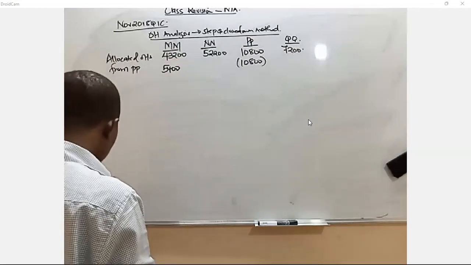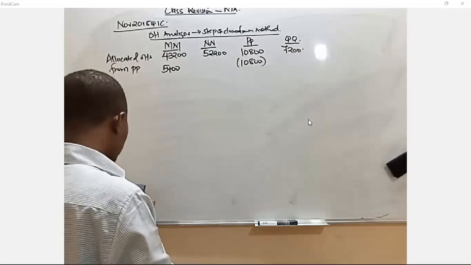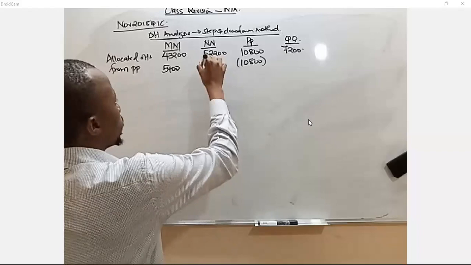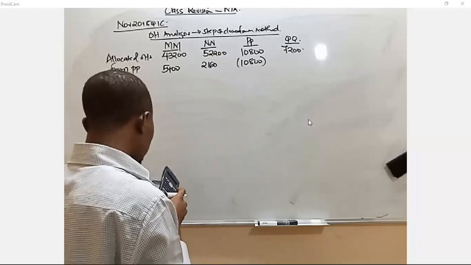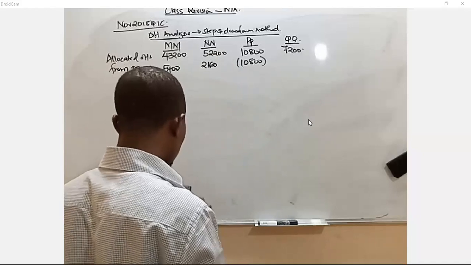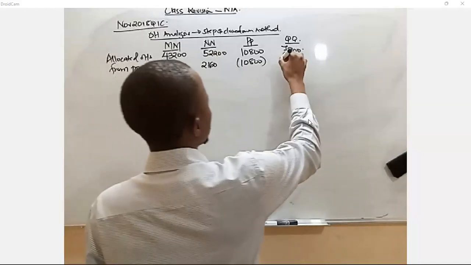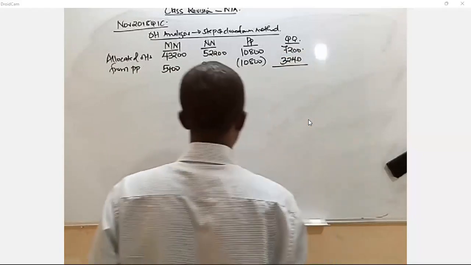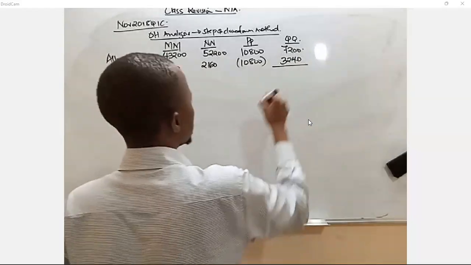Then the other one will be 20%, 0.2 times 10,800, getting 2,160. Then the other one will be 30%, 0.3 times 10,800, getting 3,240. What is the total there? Plus 7,200, we get 10,440.